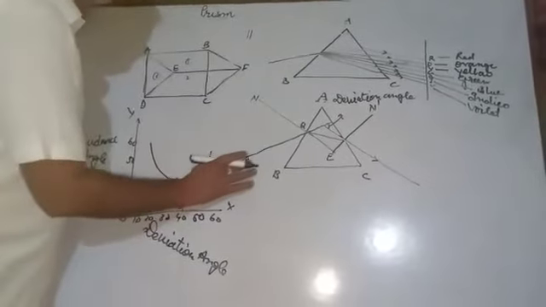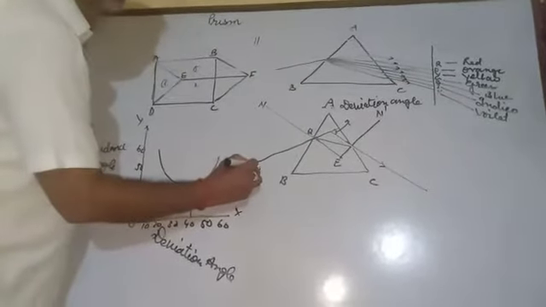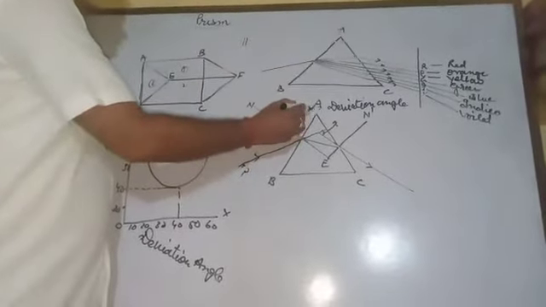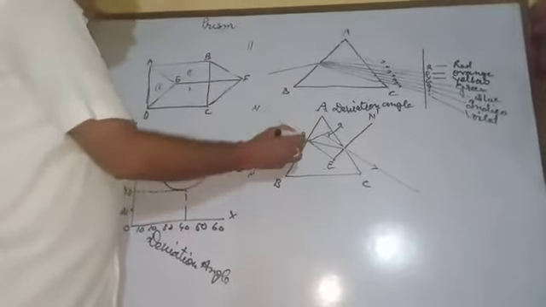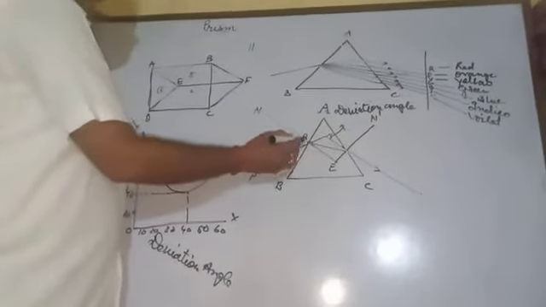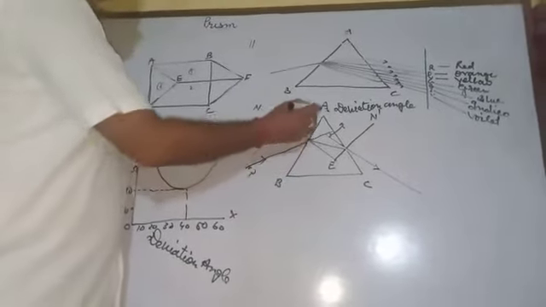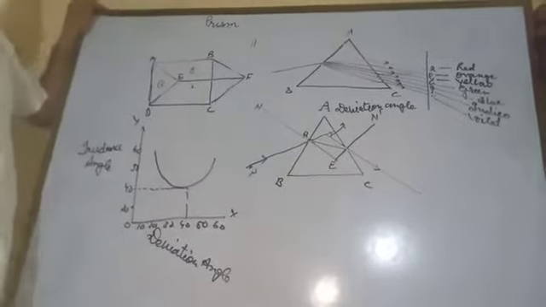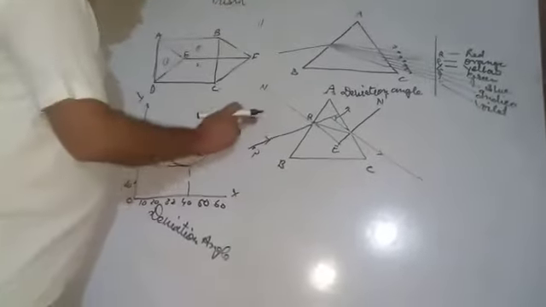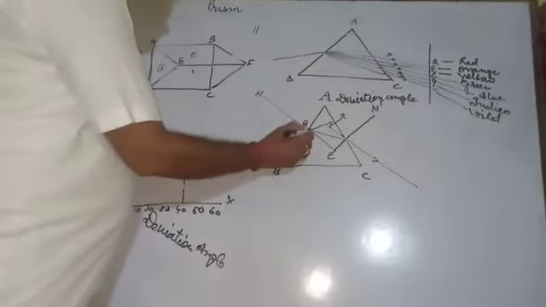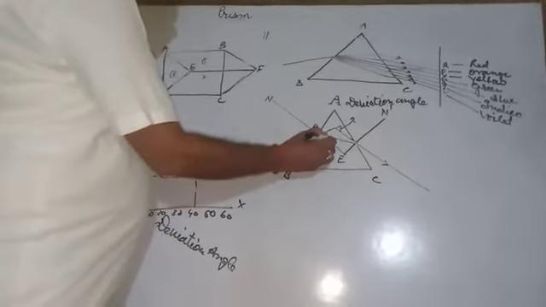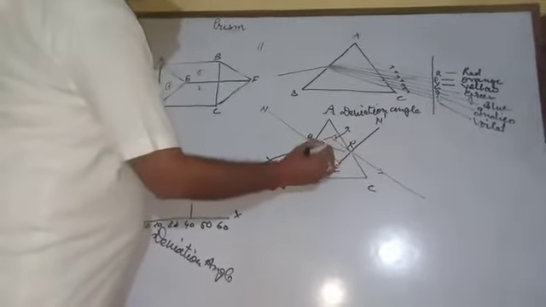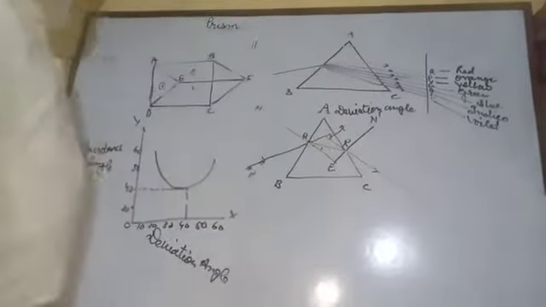let a light ray PQ be incident at a refracting surface at a point Q of refracting surface AB of the prism. Then after refraction, it bends towards the normal and goes along QR direction.